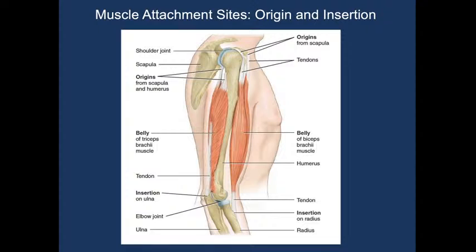But the attachment of the muscle's other tendon to the movable bone is called the insertion. So it's 2 points, origin and insertion, and sometimes they could change in some special condition. Origin point and insertion point can be changed.